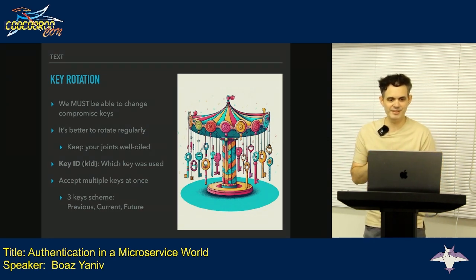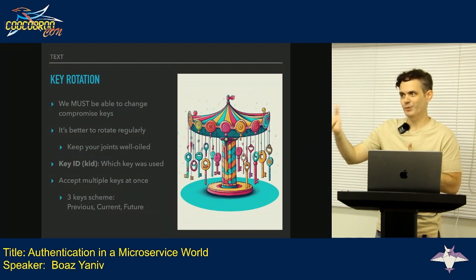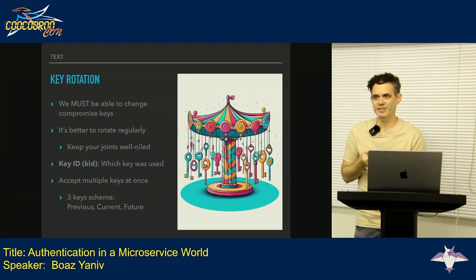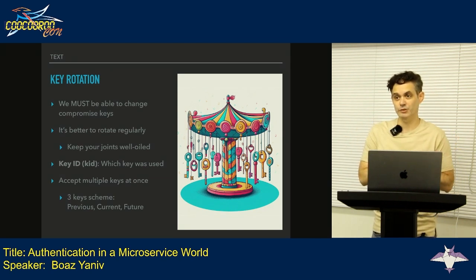There's a saying with regards to this kind of thing in tech that you want to keep your joints well oiled. With TLS, they saw that when they upgraded from TLS 1.2 to 1.3, there were some extension mechanisms that they tried to use in TLS 1.3 in the earlier draft, and it failed.